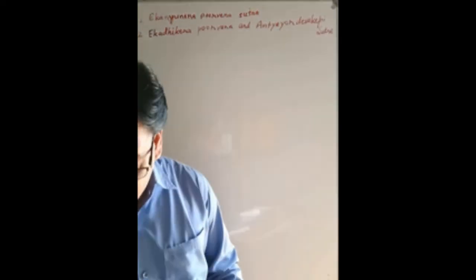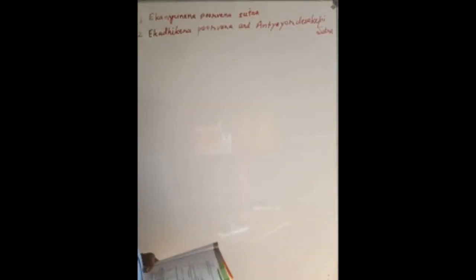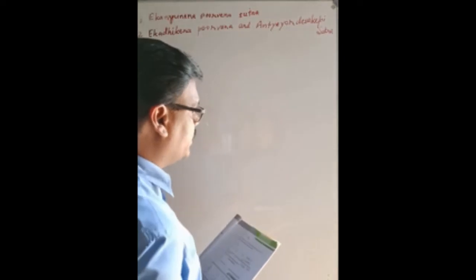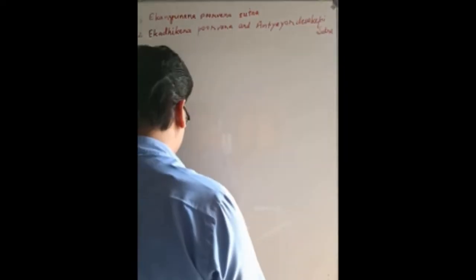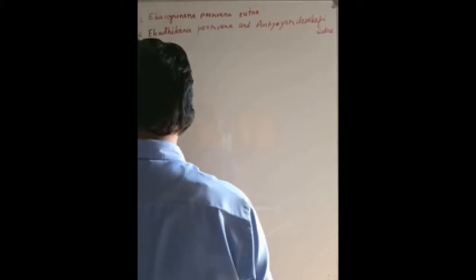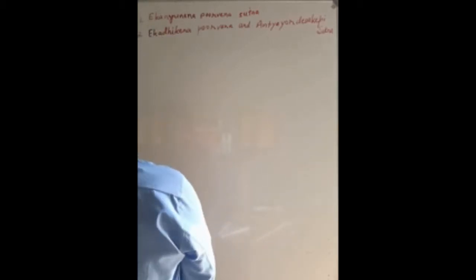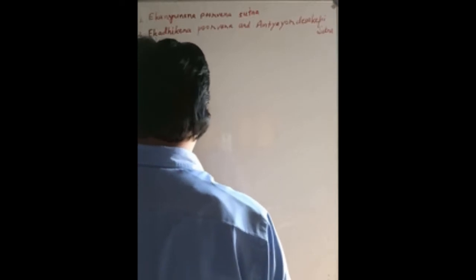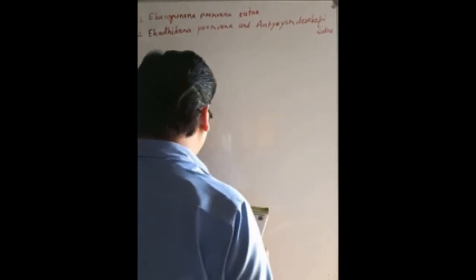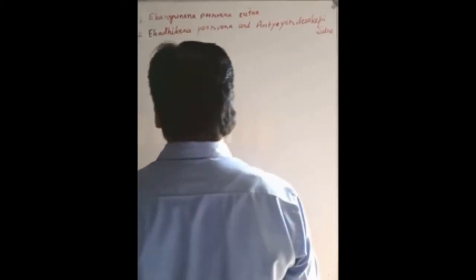Now take some examples to understand the Eka Nyunena Purvena Sutra. This example is given in your textbook. Example number 10: solve 63 multiplied by 99 using the Eka Nyunena Purvena method.